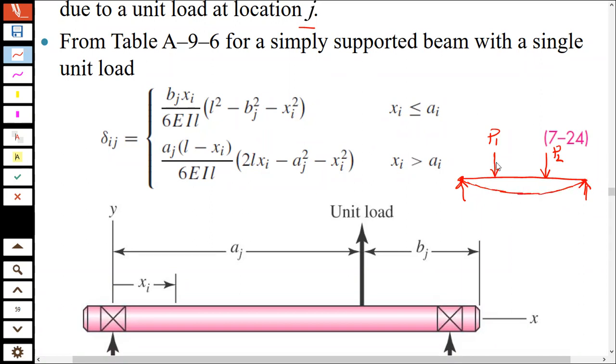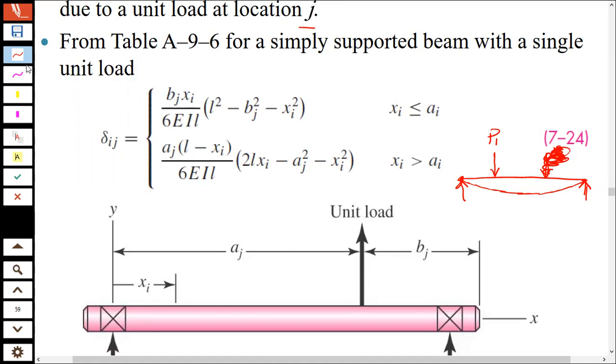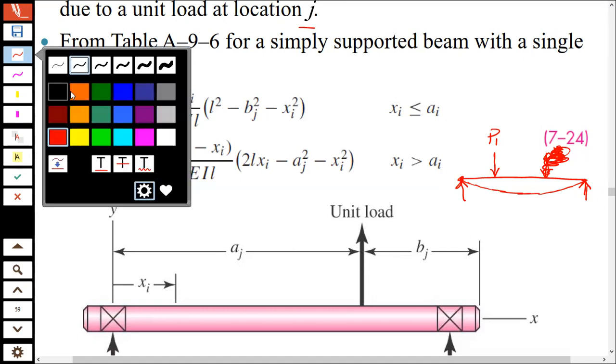Now, what if this P2 was not there? Let's say if this load was not here, then what would have been the deflection? Would it have been the same or different? It might have been like this.